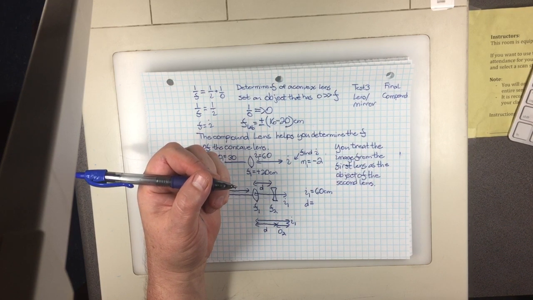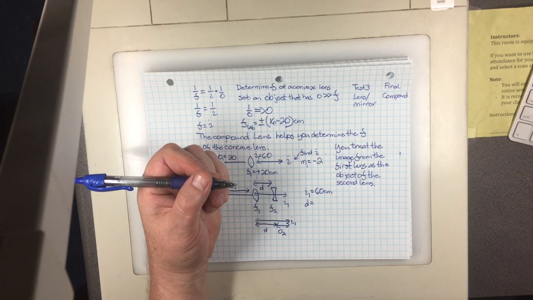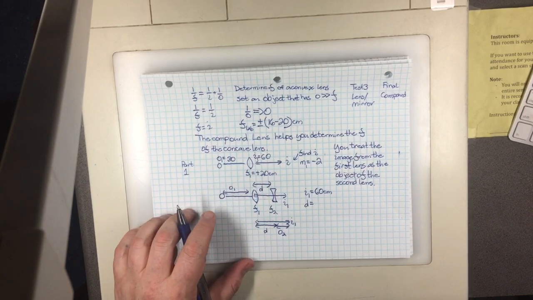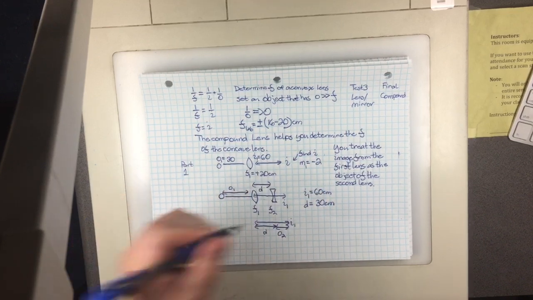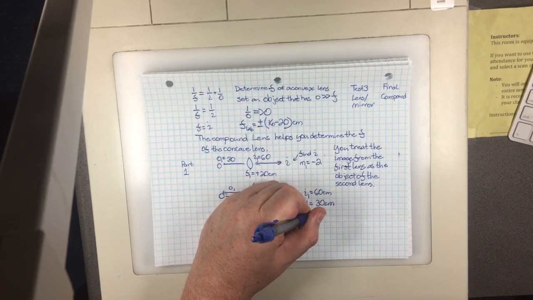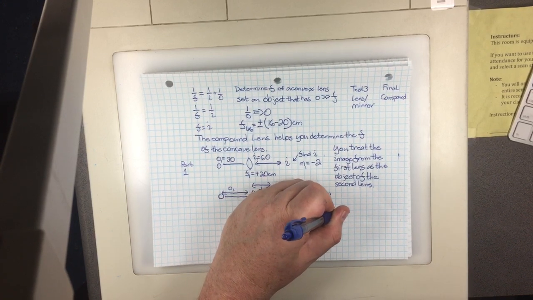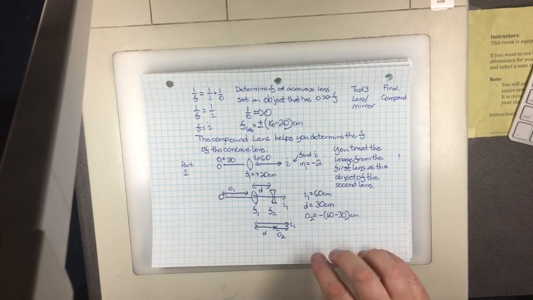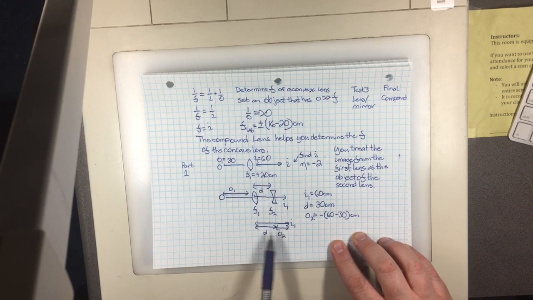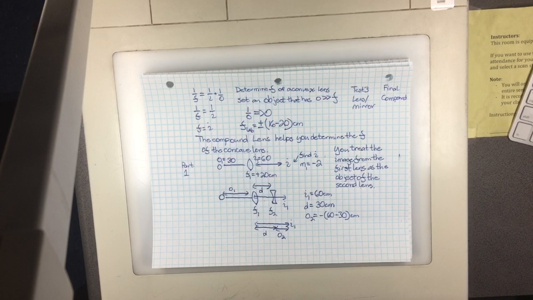Hold on. I'm just gonna say, play the math, 30 centimeters. Therefore, my new object distance is negative 60 minus 30 centimeters. So if it is 60 centimeters from there to there, and that distance is 30, then that distance has to be 60 minus 30, or 30.